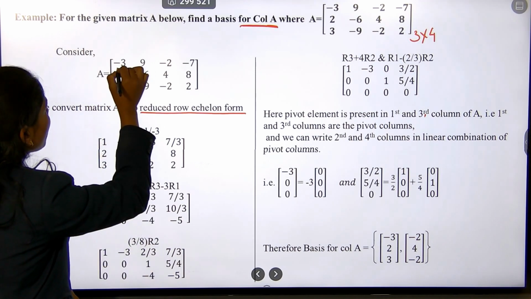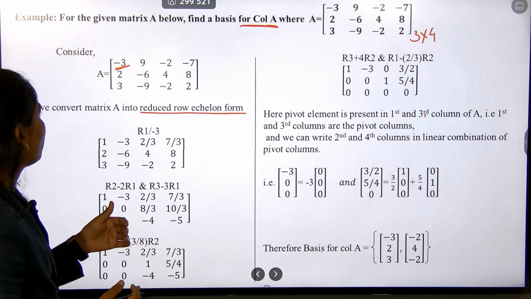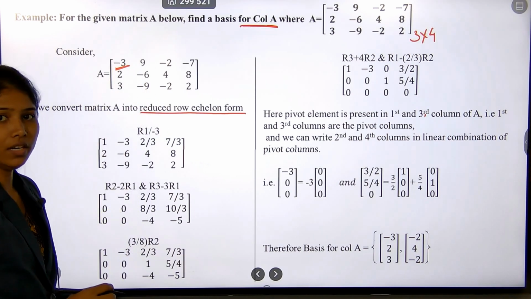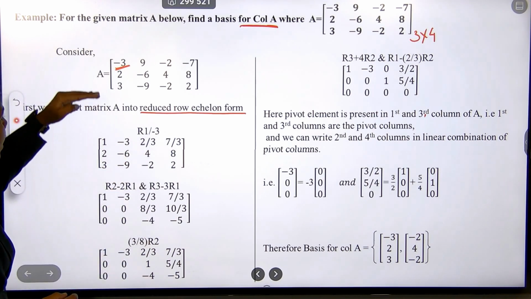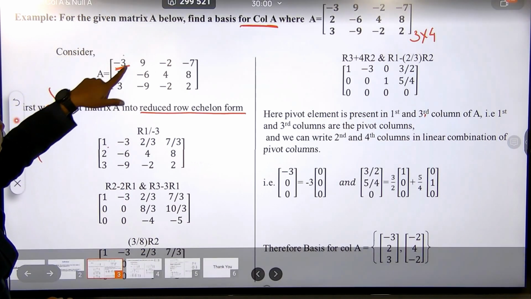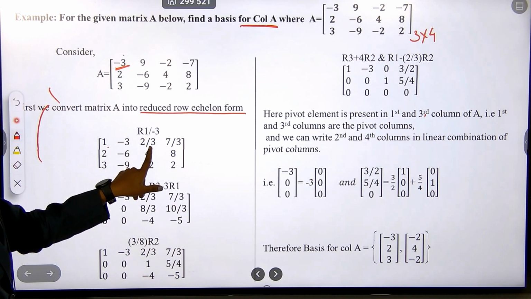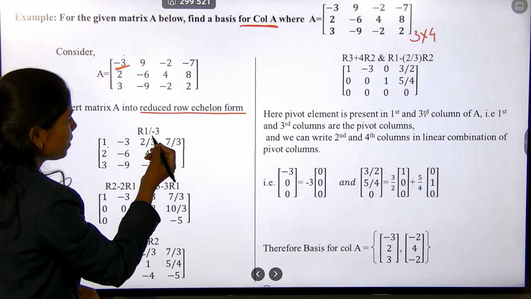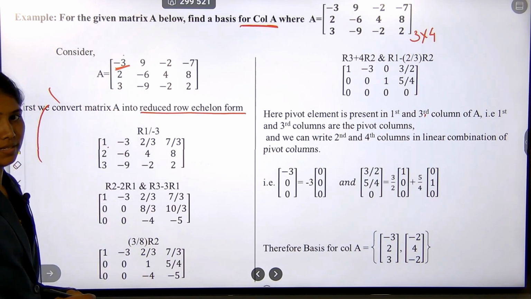Here the first leading element is minus 3, so make it 1. For this we use row operation R1 upon minus 3. After dividing R1 by minus 3, we get minus 3 upon minus 3 is 1, 9 upon minus 3 is minus 3, minus 2 upon minus 3 is 2 upon 3 and minus 7 upon minus 3 is 7 upon 3, and write down R2 and R3 as they are.